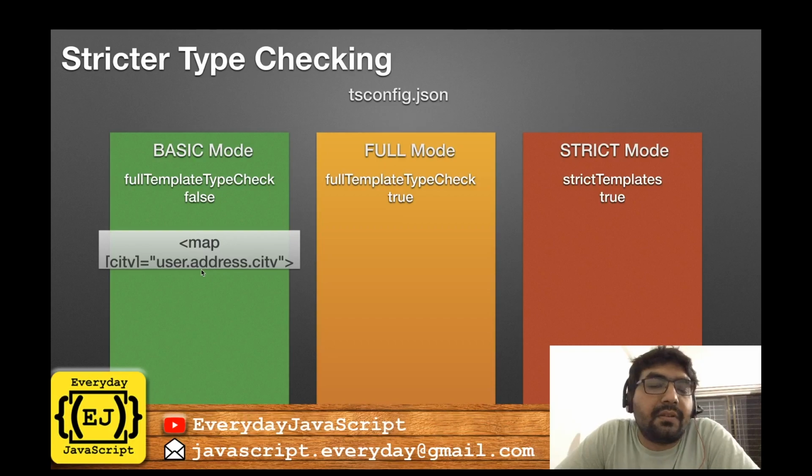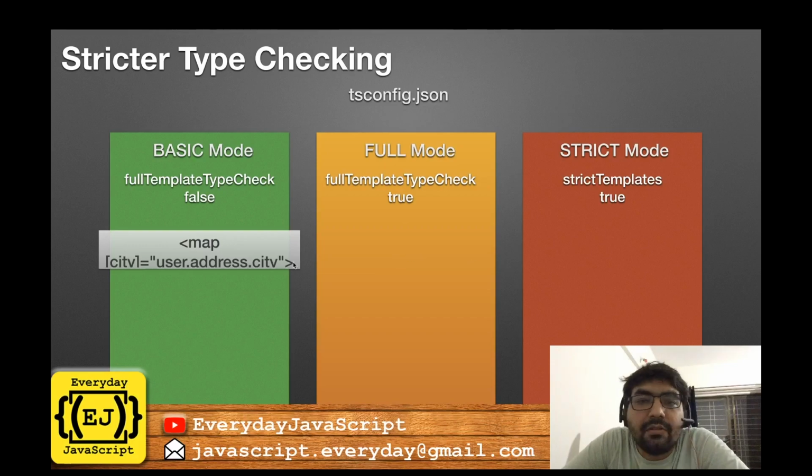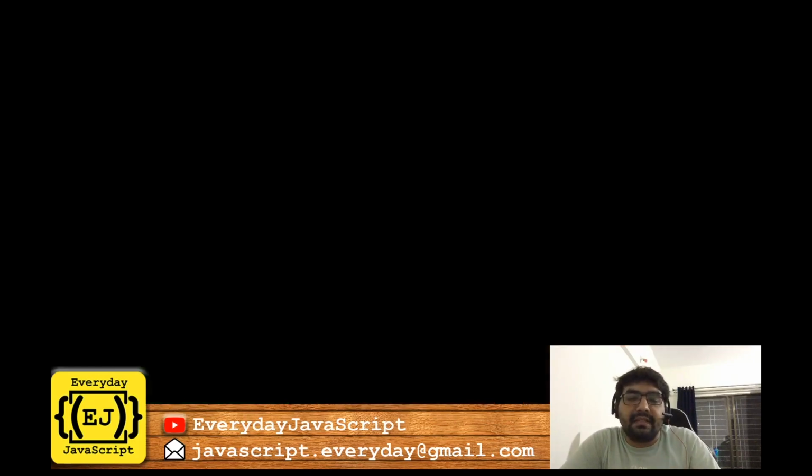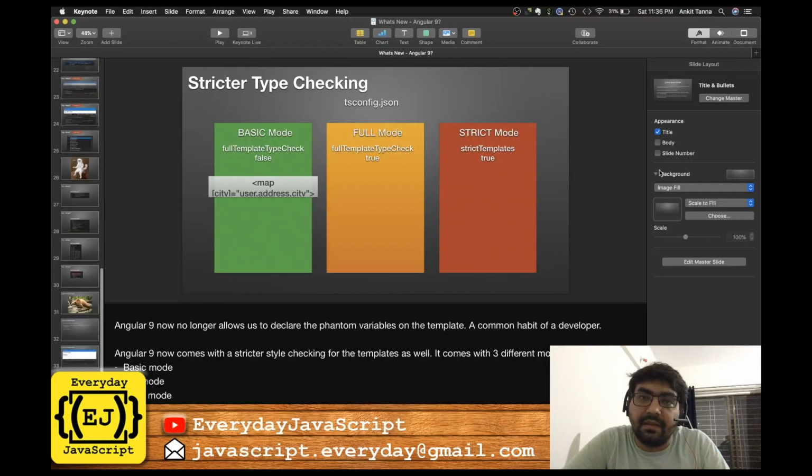Whereas in full mode, it does check inside those embedded templates, but it still misses out on $event or output events or input variables, all such stuff. It also does not check the pipe return type or directive return type. Strict mode, which is recommended, I would like you to go ahead and check inside this page, inside Angular.